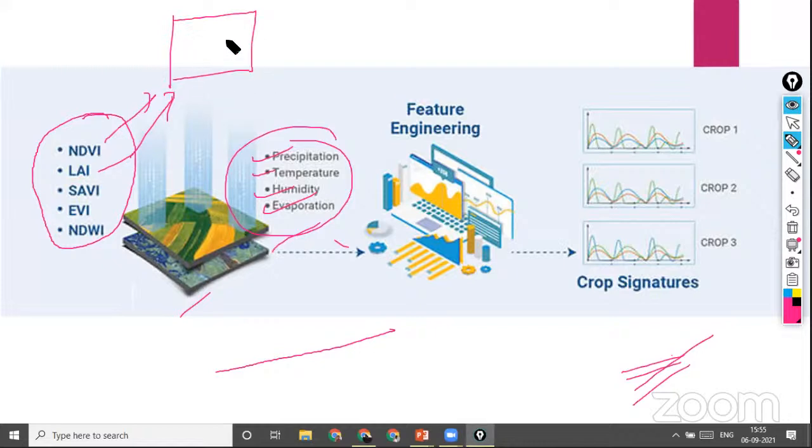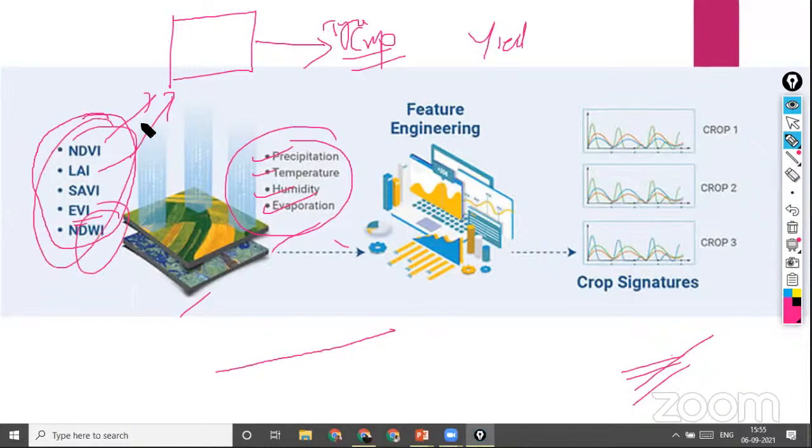You can map that information to, for example, predict the type of crop, or the yield of crop, etc. And then there are others like the soil adjusted vegetation index, the standard vegetation index, the normalized difference water index, and so on. All this information is actually feature-engineered remote sensing data.